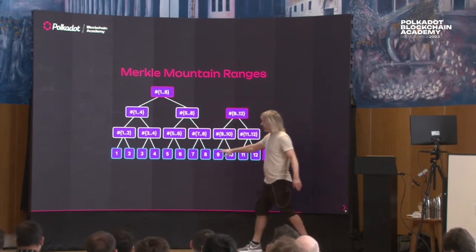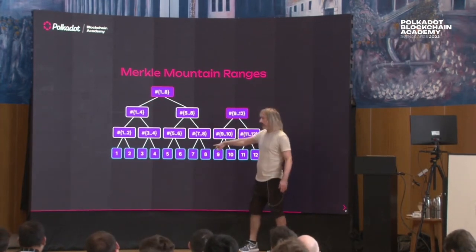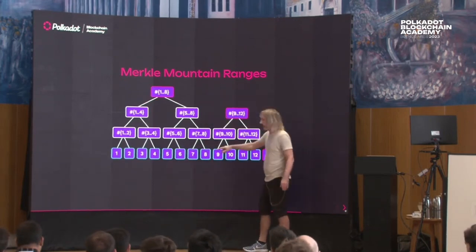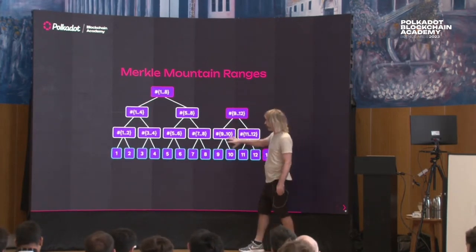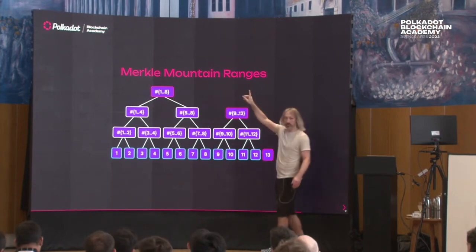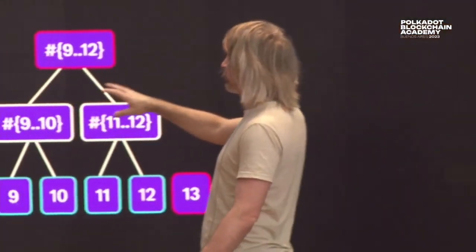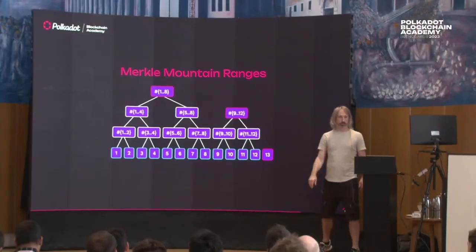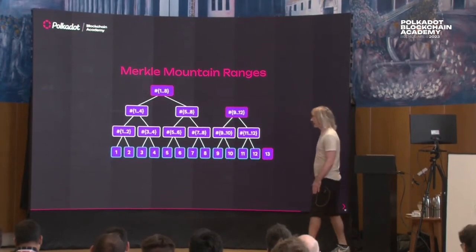That happens when the number of leaves, the number of elements added so far, is a perfect power of 2. Then you'll end up with just a single Merkle tree. And as you have non-perfect powers of 2, you'll end up with multiple Merkle trees.